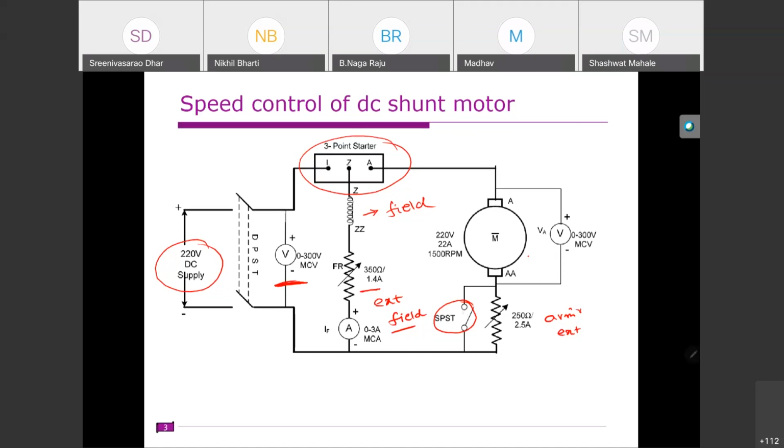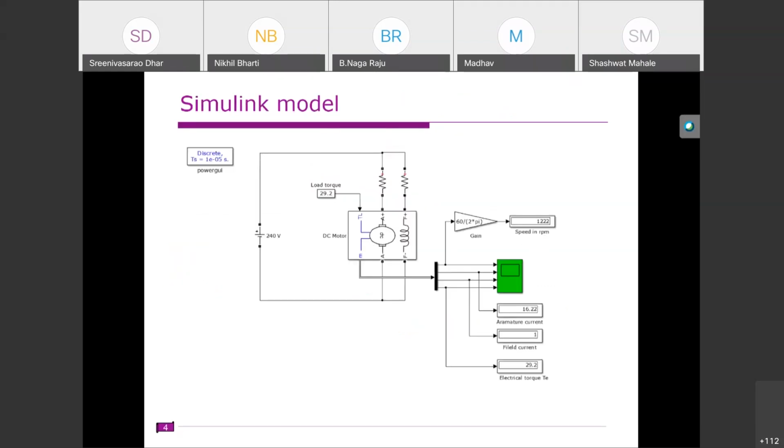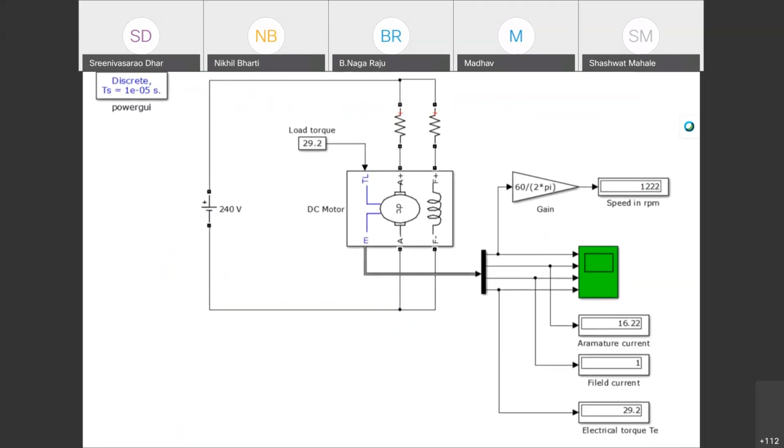So we have to close or open this switch to bypass the resistance. Similarly, when doing the first one, we keep this one at the minimum position so that it is not affected. This is how we will do it in the experiment, and the same thing we will do in the simulation using MATLAB.